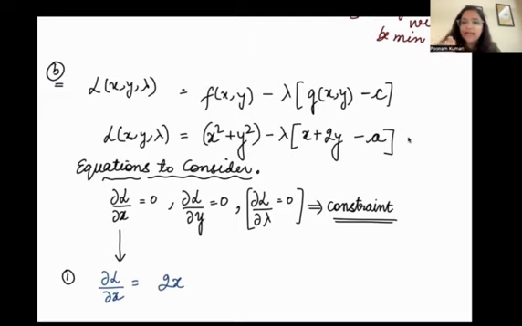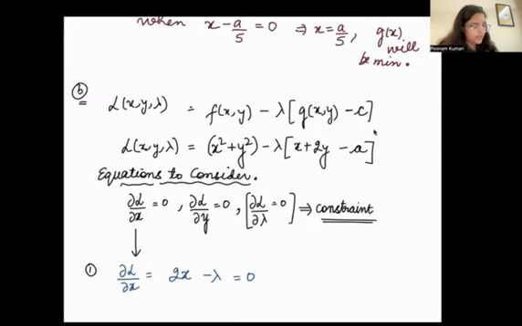So minus lambda times x, we will get minus lambda, minus 2 lambda y will be treated as a constant, and lambda a will also be treated as a constant. So I should put this equal to 0.